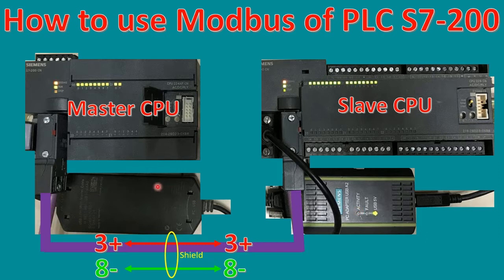And we can also connect only one cable, the PPI or MPI cable, but when we download, yes, we need to switch this connector. So we can download the program from STEP 7 MicroWIN one by one, with no need to use this cable also.